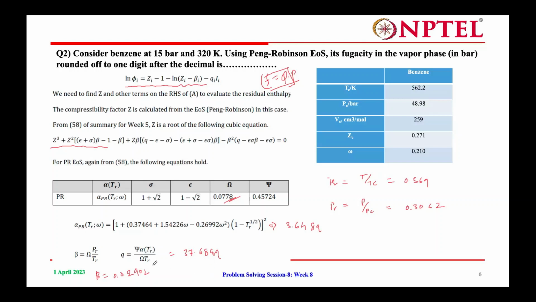Right. Now you have all the values, put them in Equation 1.